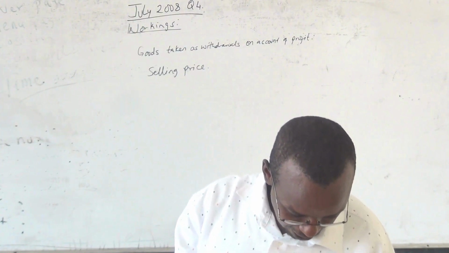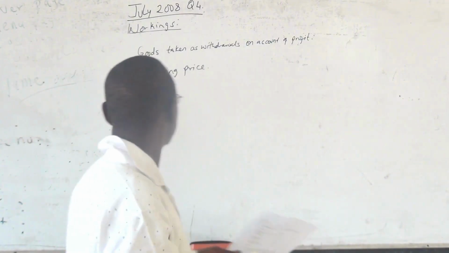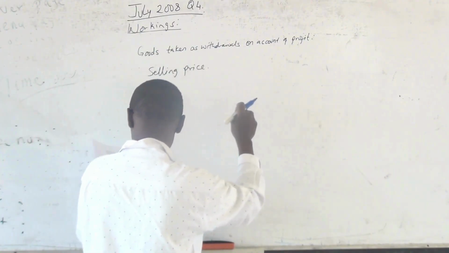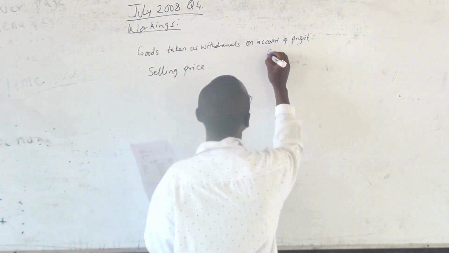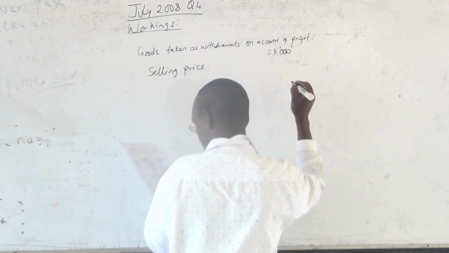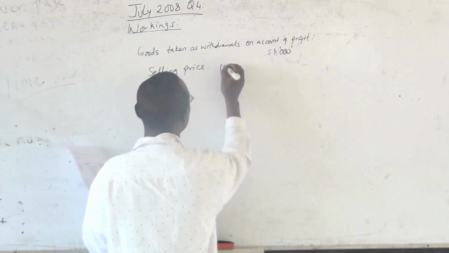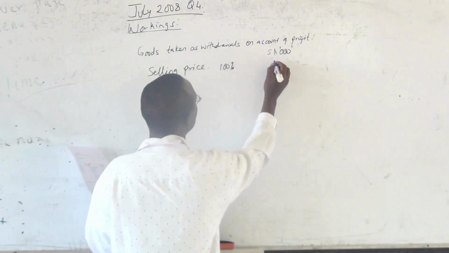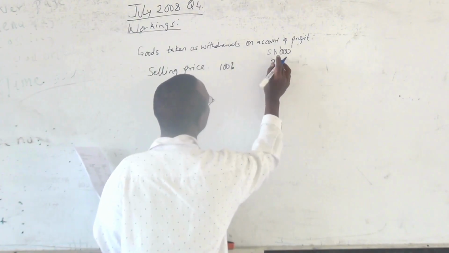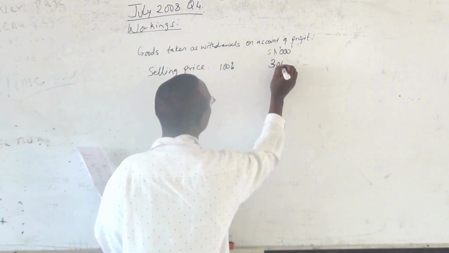But these figures are stated at selling price. You put a statement like this. So our selling price, which is 100%, is 300. 200 plus 100, 300. Okay?